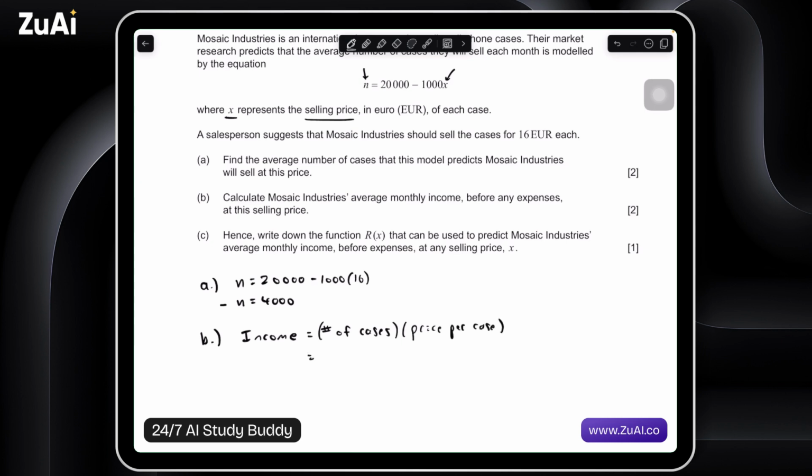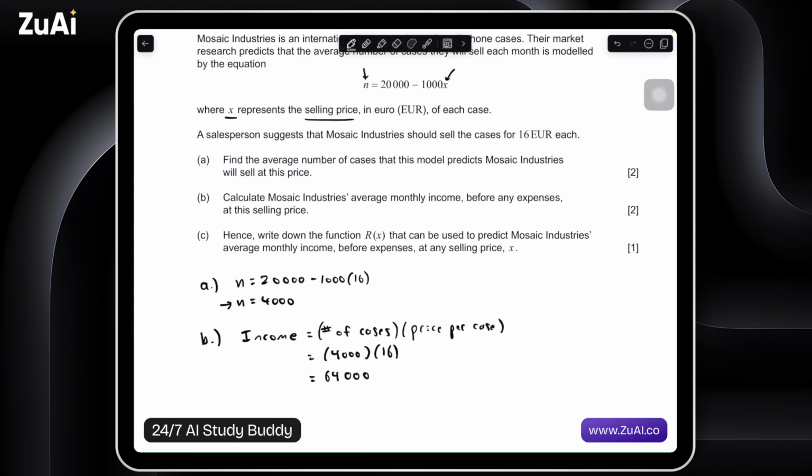We know they're going to sell 4,000 cases at 16 euros apiece. So 4,000 times 16, and the total income they earn is 64,000.